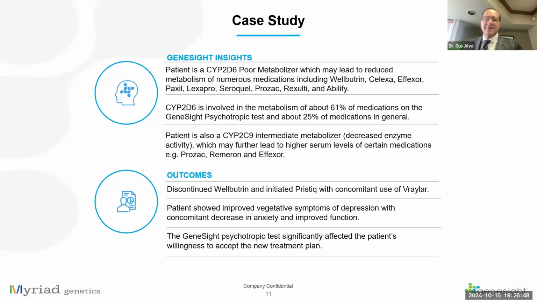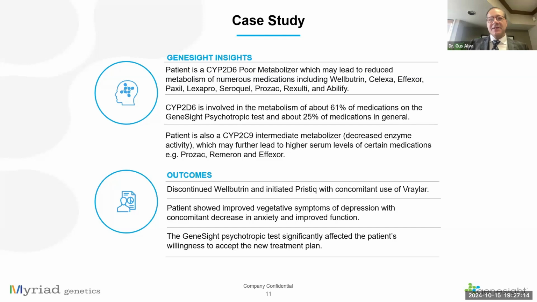I'm not a big fan of just abruptly stopping things. But again, now at least there was a rationale of, hey, we're going to back off gradually. We're going to initiate you on what might be a better fit for you. We're going to stick with that atypical antipsychotic that is FDA approved to augment the benefit, and again, it's going to be used in concordance with it.